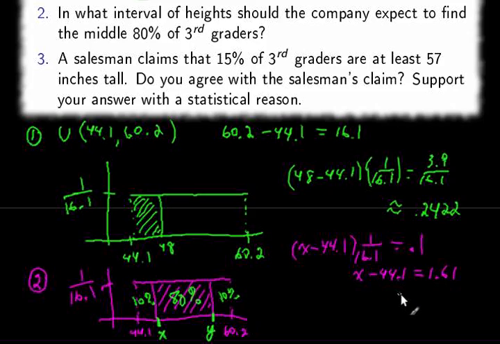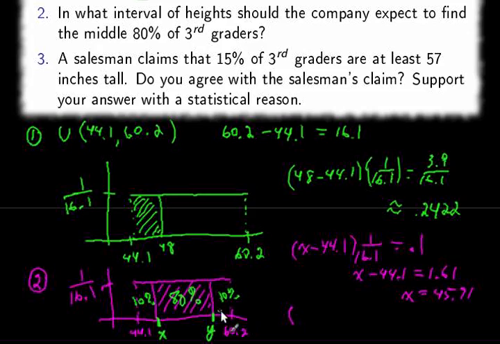And then adding 44.1 to both sides, that's 45.71. So that's x, and now we have to do the same for y. Here we can do this rectangle equal 10%, or we can do this rectangle, which is 90%.